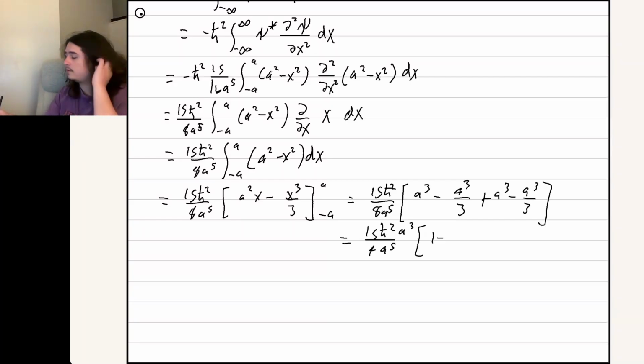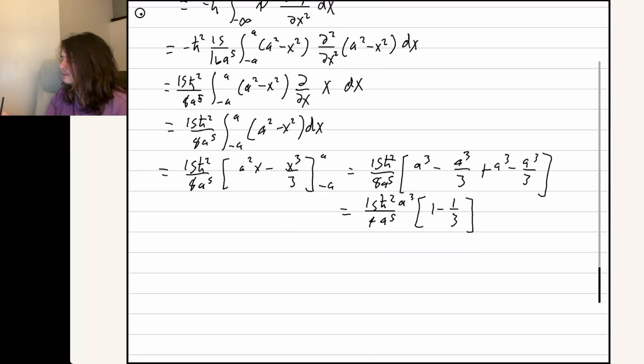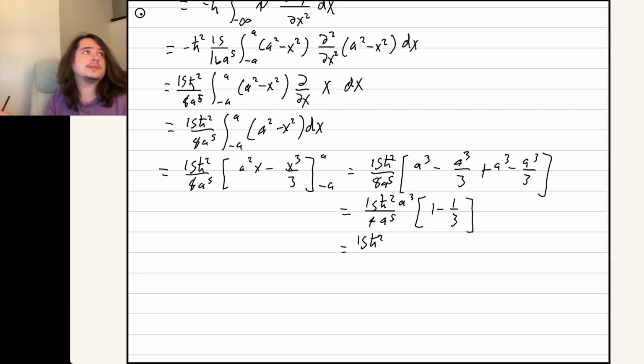You'll have 1 minus 1/3, which is 2/3. Some of the a's will cancel out, so you'll have 4a squared on the bottom. And this is 2/3.